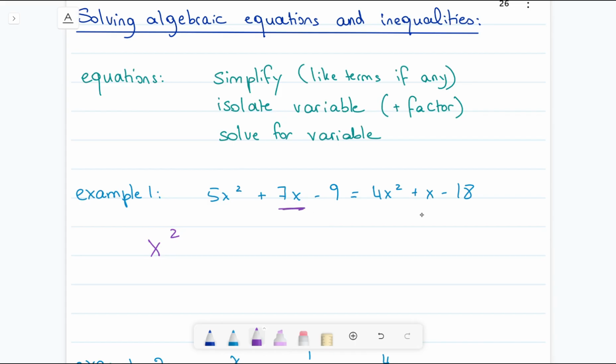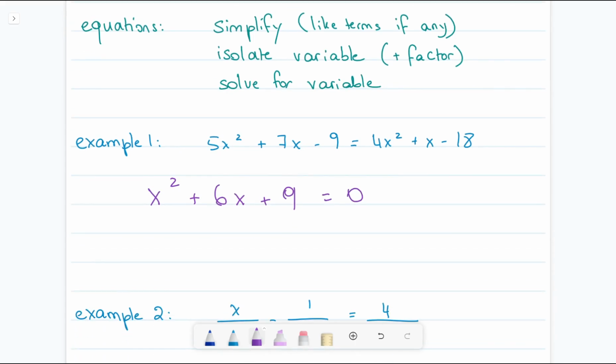Now we have 7x and x on the other side. So 7x minus x becomes 6x. Also, negative 9 minus negative 18 is negative 9 plus 18, which is 9. So this is equal to 0.